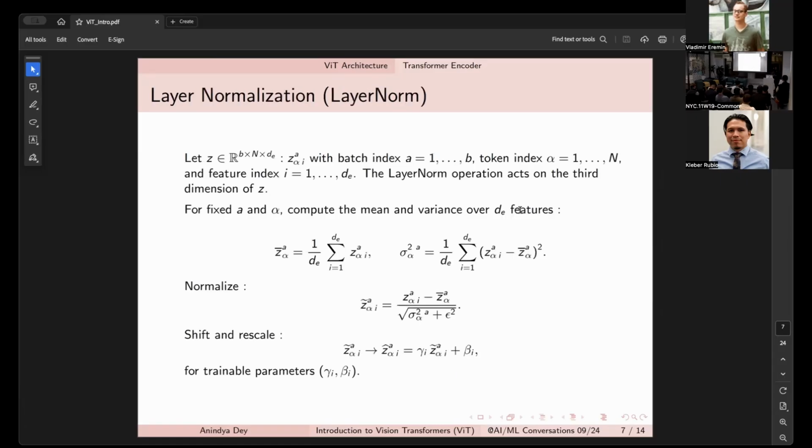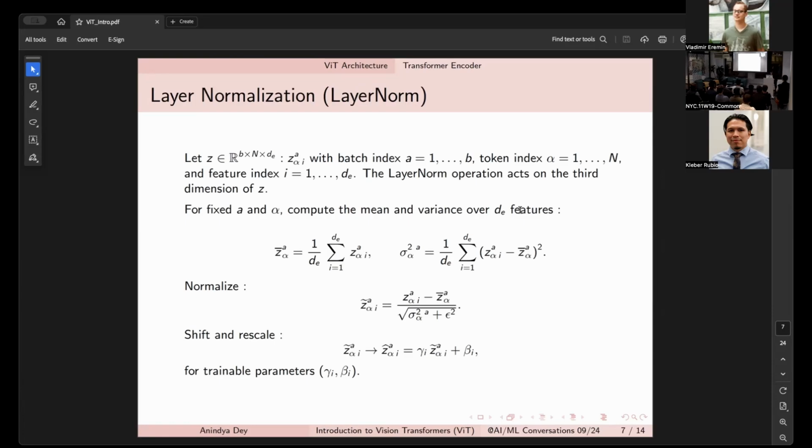All right. So layer norm. I just mentioned that the input to the transformer encoder is a 3D tensor of that shape, D times N times the embedding. Now, what a layer norm does is a normalization operation on the third dimension, which is the feature dimension.